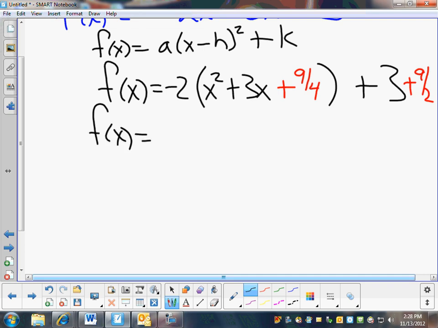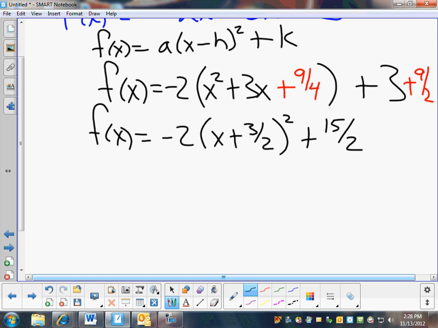And so now I have f of x is equal to negative 2 times, what do I got there? X plus 3/2 squared plus, this is 6/2 plus 9/2 is 15/2. 3 divided by 2 is 3/2.